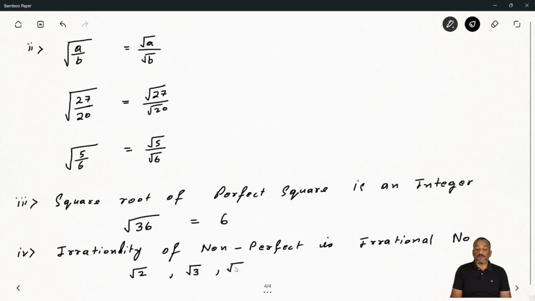Square root of 5 also has no perfect square, so it is also an irrational number, hope you are getting it now.